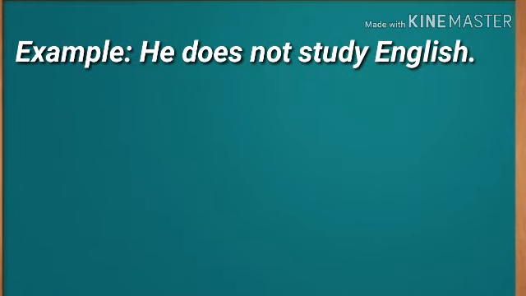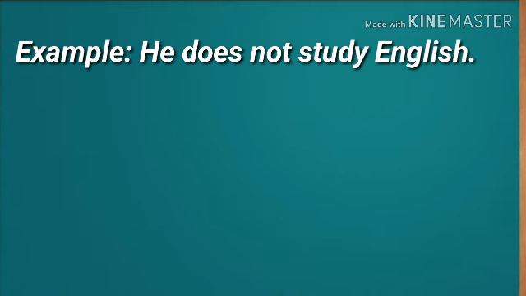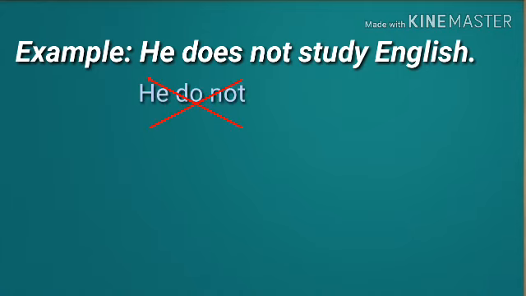Another example. He doesn't study English. We don't say he don't study English, because the subject here is the pronoun he, which should take singular verb. So we have to say he doesn't study English.